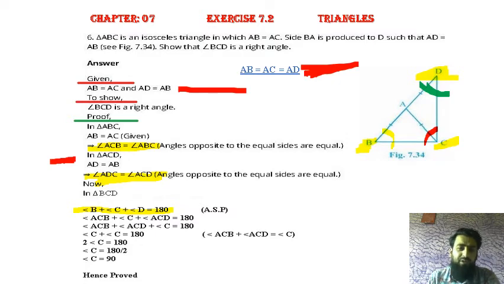I just proved that angle B is equal to angle ACB, which I have stated in this statement: angle ABC, which simply means angle B, is equal to angle ACB. So instead of B, I can write angle ACB, because I have proved they are equal.